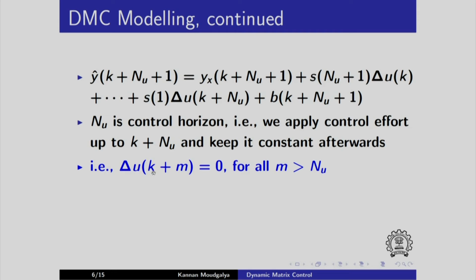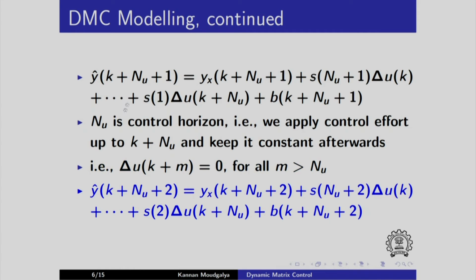That is delta U of k plus Nu plus 1 equals 0, k plus Nu plus 2 equals 0 and so on. That is all subsequent intervals these delta U terms will be 0. That is because the control effort has become constant at Nu.